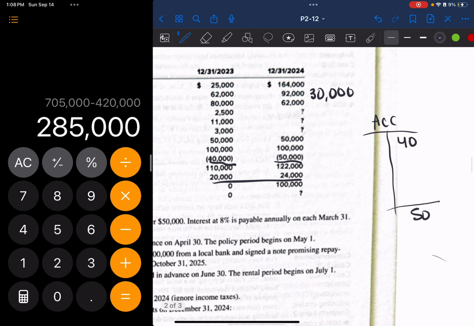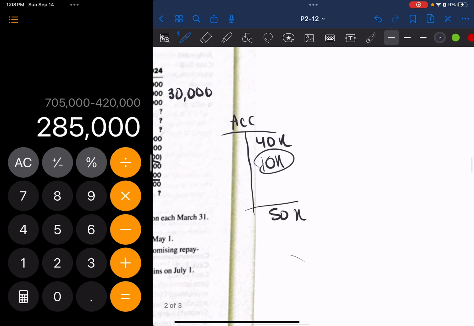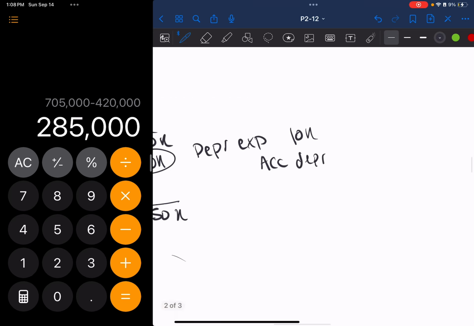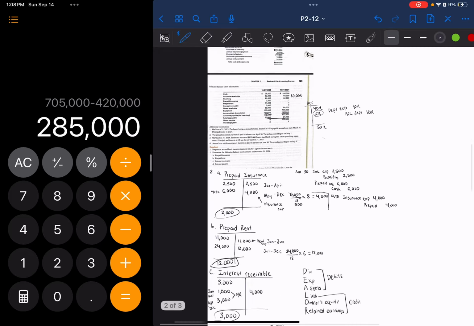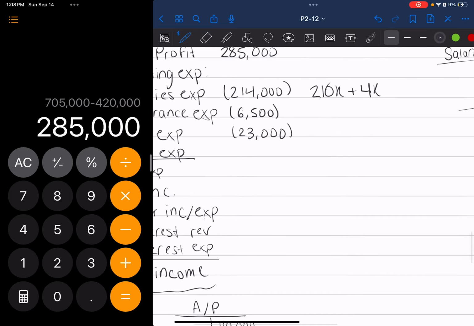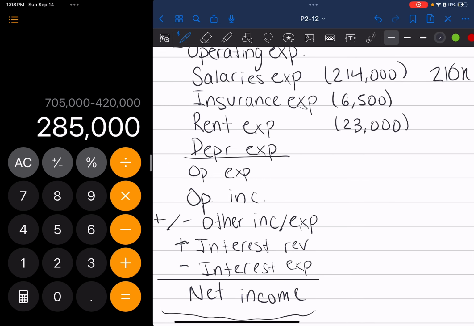But basically when it increased by 10K, that means that we incurred depreciation expense. So the entry would have been depreciation expense and accumulated depreciation. Sorry, my handwriting is getting worse the more I work through this, but that basically would have been the entry. It doesn't ask for the entries, I just know sometimes it helps me to look at them.